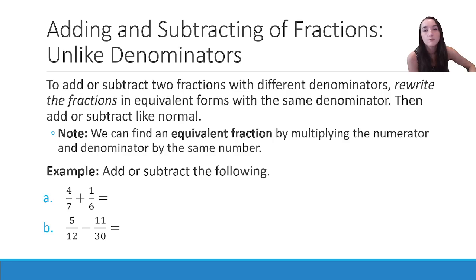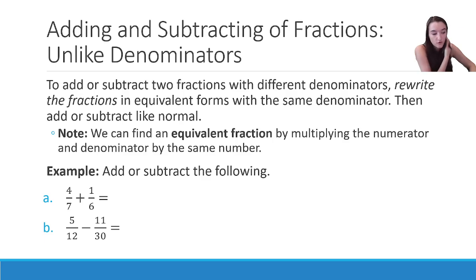In the same way that before we were reducing by dividing the top and bottom by the same number, now we are unreducing, expanding, I guess. So we multiply numerator and denominator by the same number. Multiply, do not add numbers here. We're multiplying the numerator and denominator. That's how we get our equivalent forms.